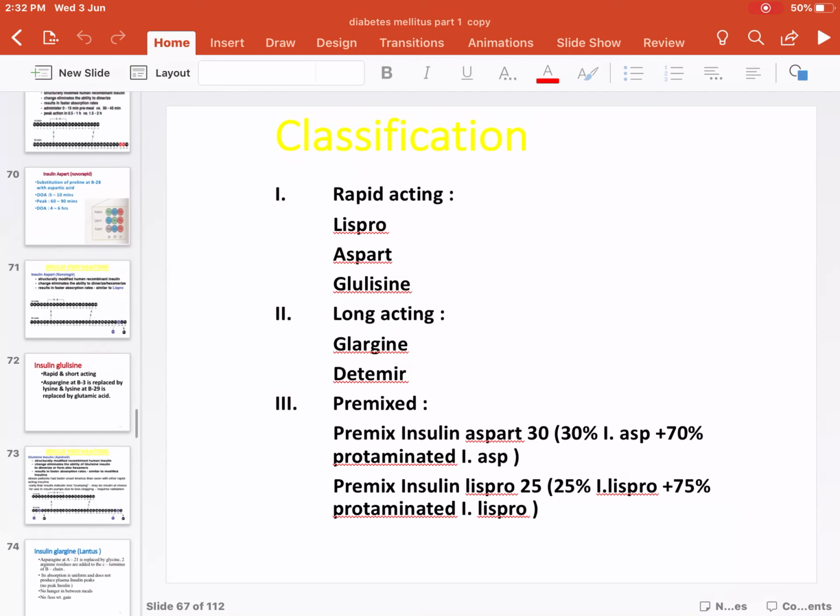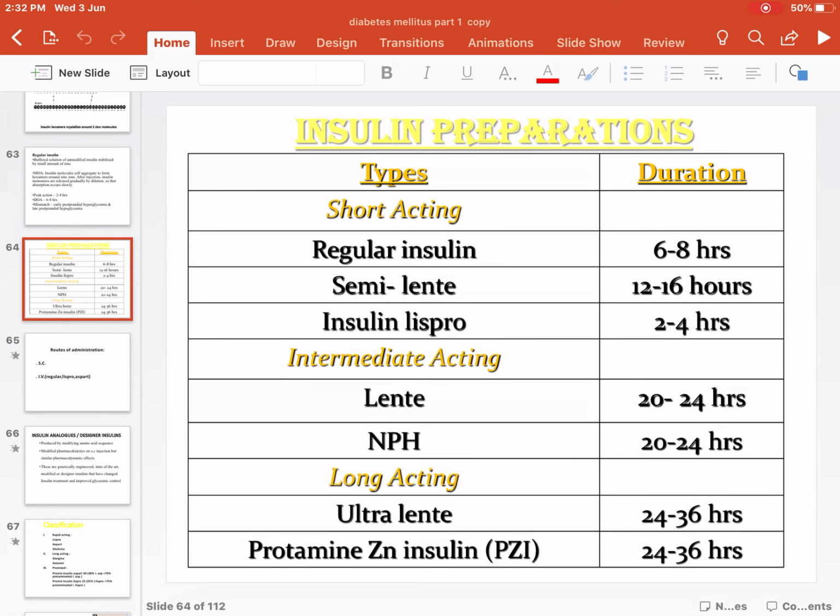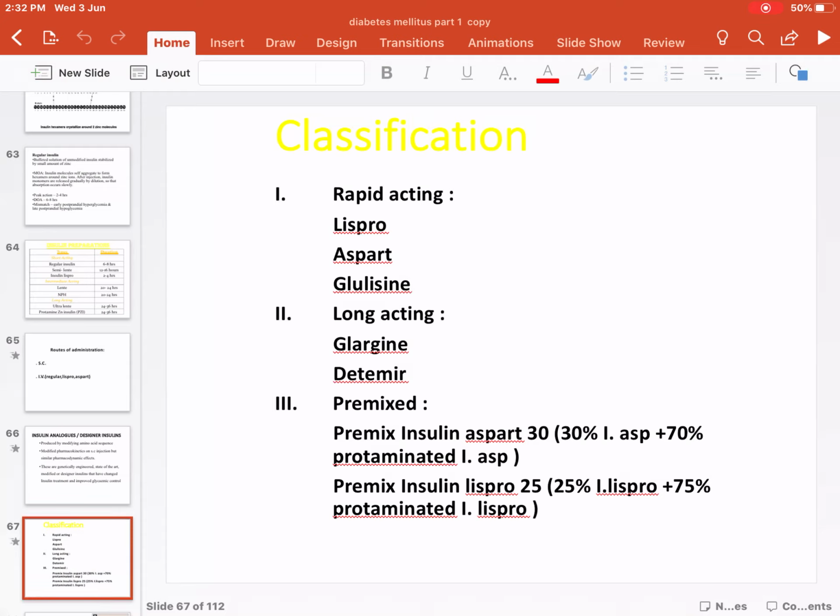Insulins are classified into first short-acting insulins. This will include regular insulin, semilente, insulin lispro, aspart, and glulisine. Intermediate acting, we have lente and NPH. Longer acting, we have ultralente, protamine zinc insulin, and glargine and detemir. The glargine and detemir are insulin analogues.